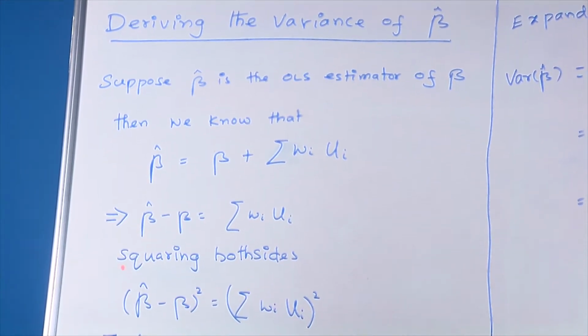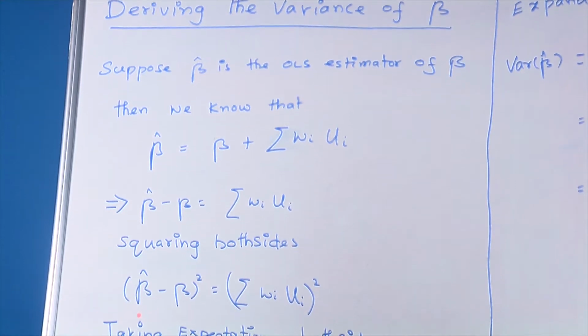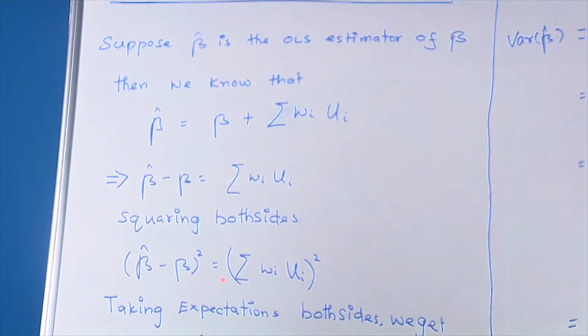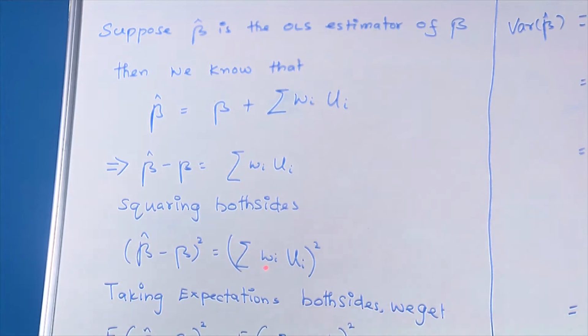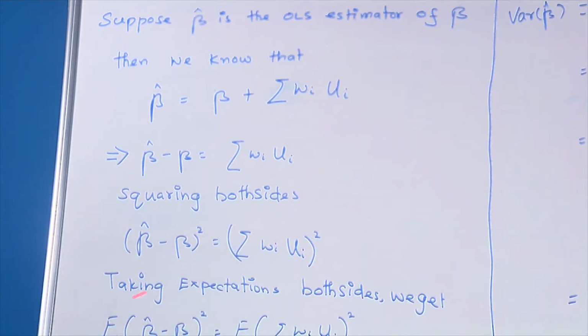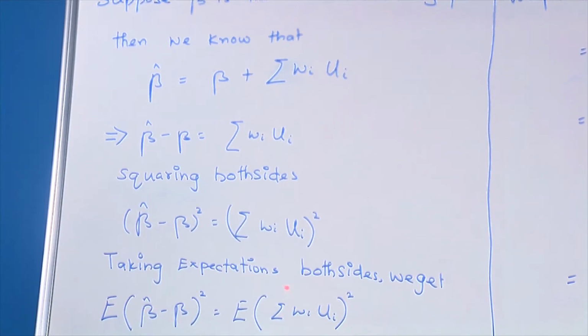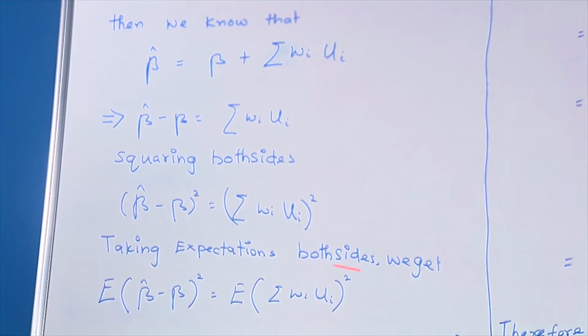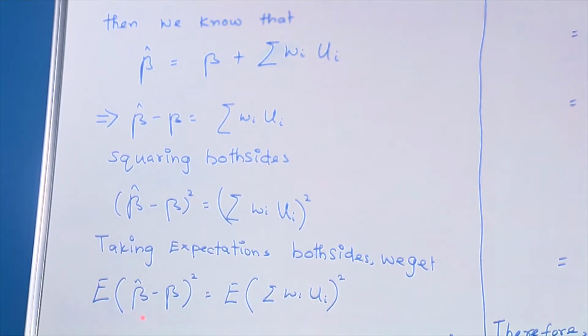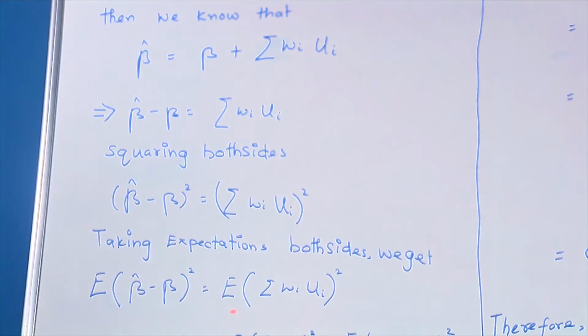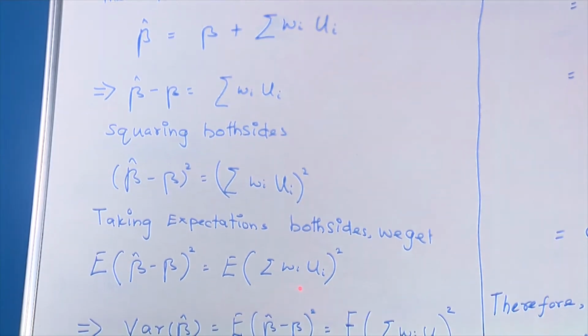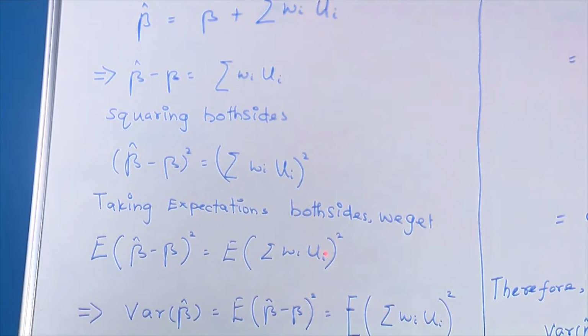Squaring both sides, we get (beta hat minus beta) whole square is equal to (sigma wi ui) whole square. Taking expectations on both sides, we get expectation of (beta hat minus beta) whole square is equal to expectation of (sigma wi ui) whole square.